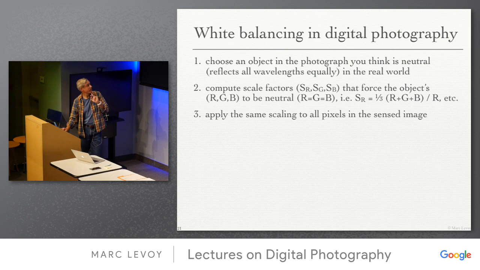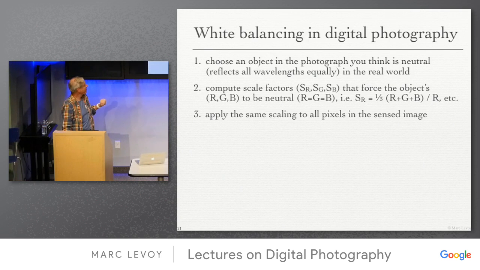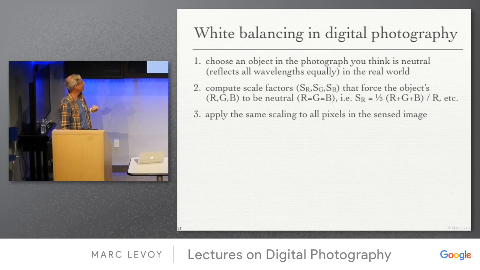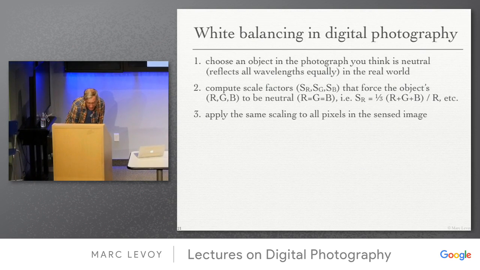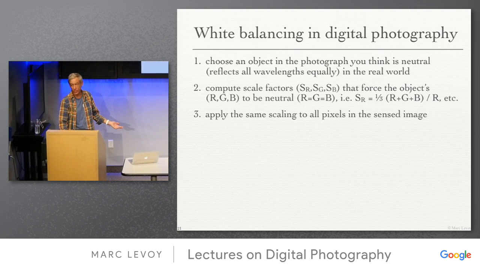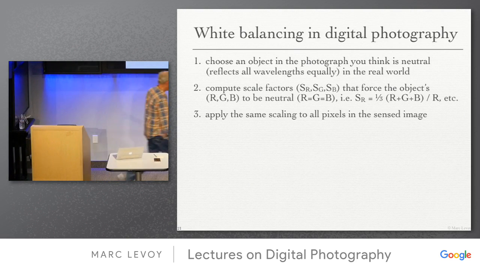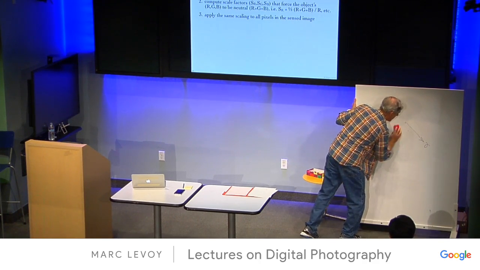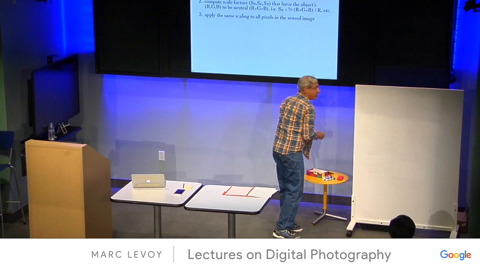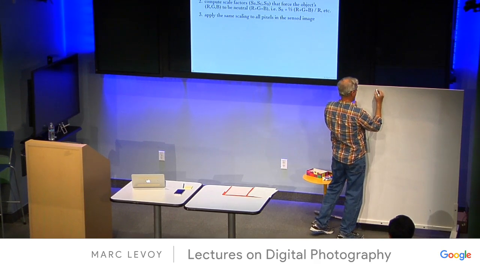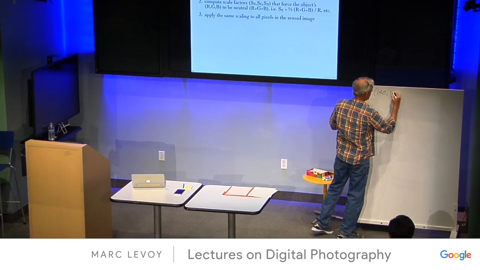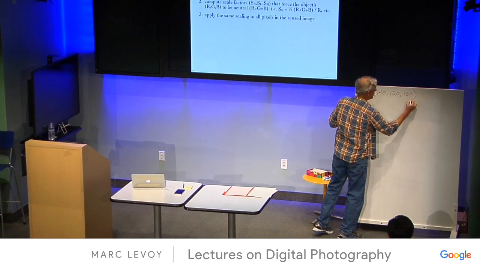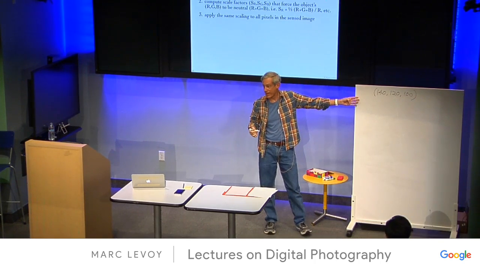So choose an object in the photograph that you think is neutral, is the basic principle, reflects all wavelengths equally, and compute scale factors that force that particular object's RGB to be neutral. And that will be a set of ratios you then apply to all the pixels in the image. So as an example, suppose that the object you choose had RGB 140, 120, 100. So this object is kind of reddish RGB.